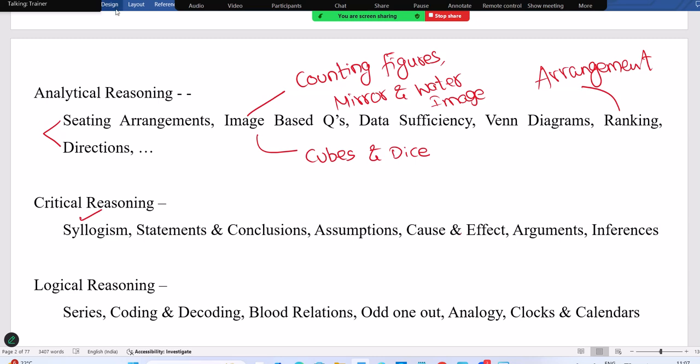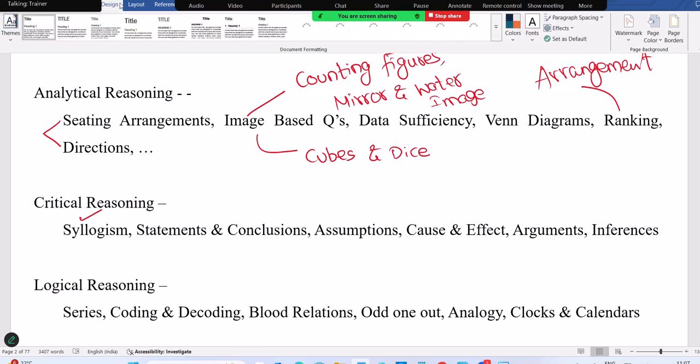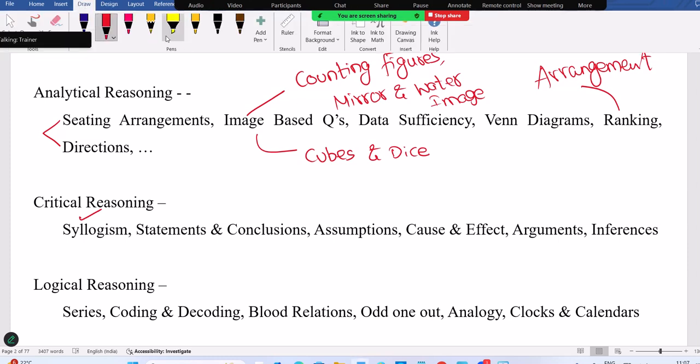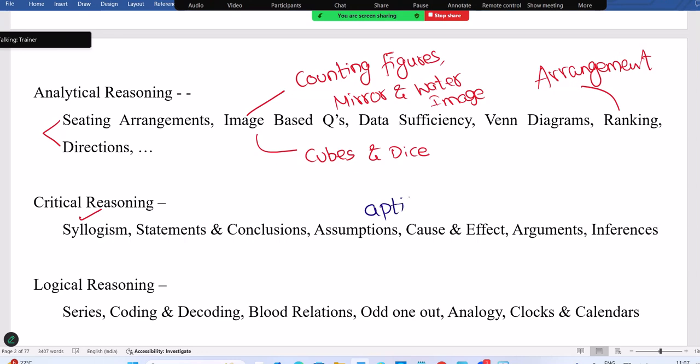Already all these concepts are pretty much covered. You can utilize those so that you can understand each topic in depth. On the YouTube channel Aptitude Hemanth, how to handle arguments, assumptions, statements and conclusions, and the overall review in 5 to 10 minutes is given.